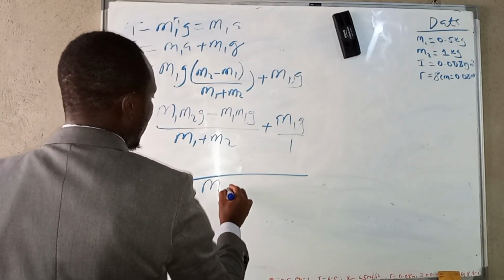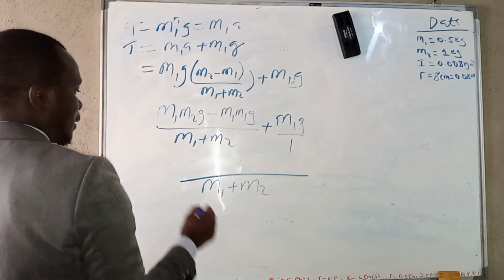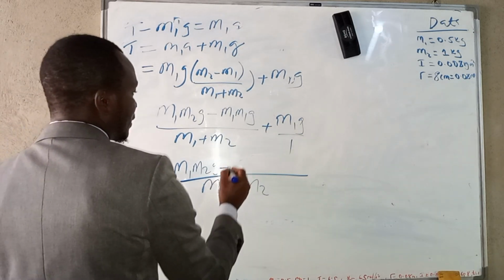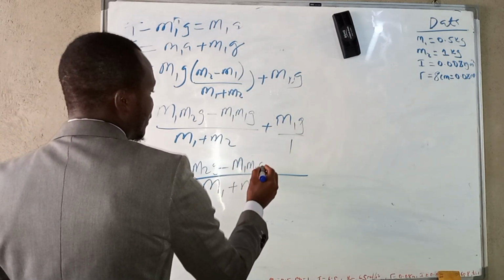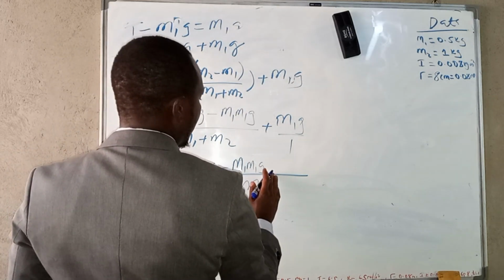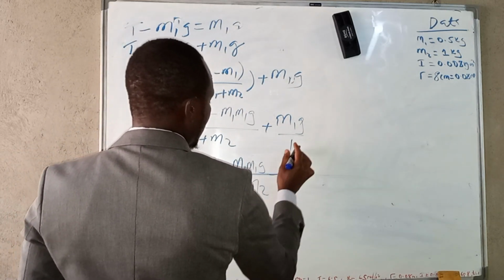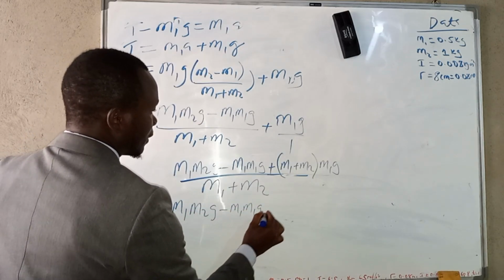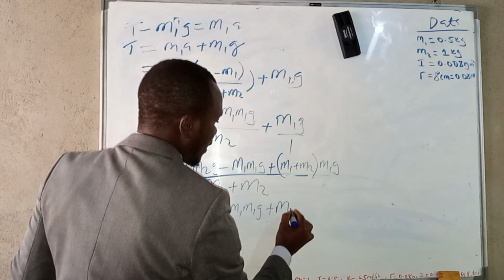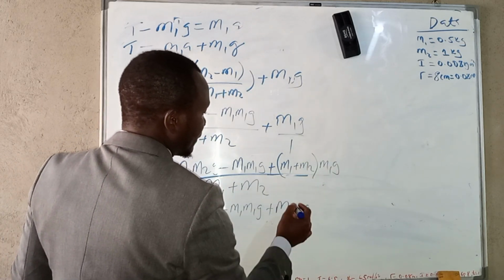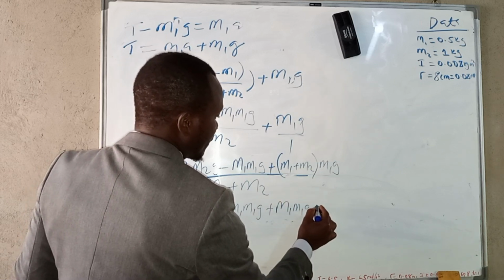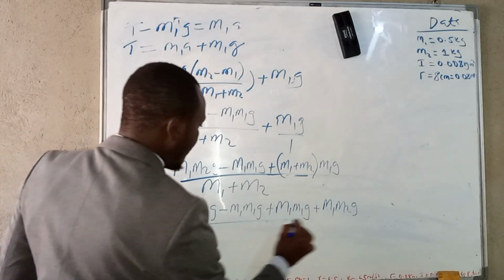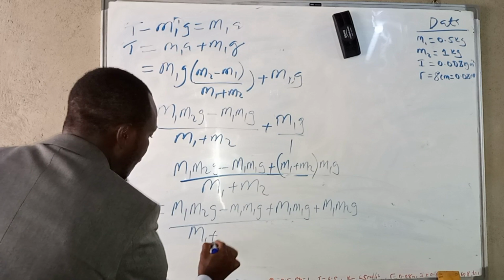The common denominator here is M1 plus M2. So we have M1M2G minus M1M1G, plus M1M1G plus M1M2G, everything over M1 plus M2.